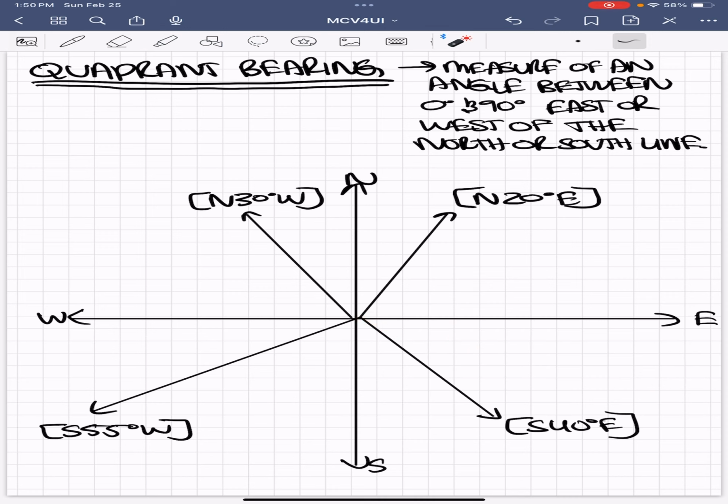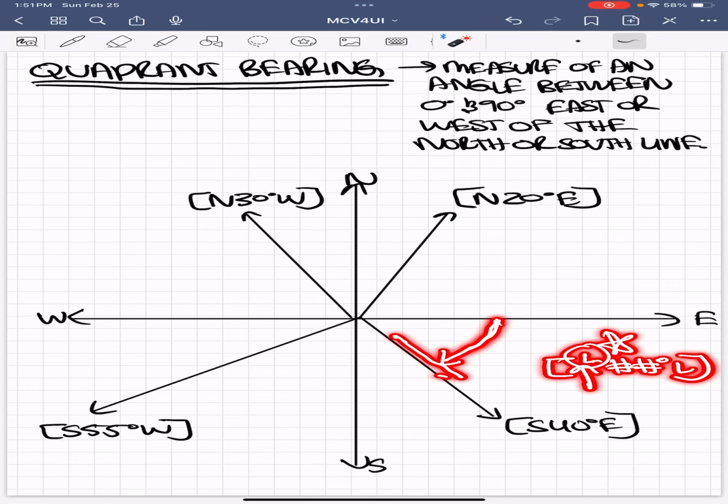So whatever letter appears first is where you're going from. So if it was E, I would be going from this line and then making an arrow. If it was going from south, I would be going from this line and then making an arrow from the center.